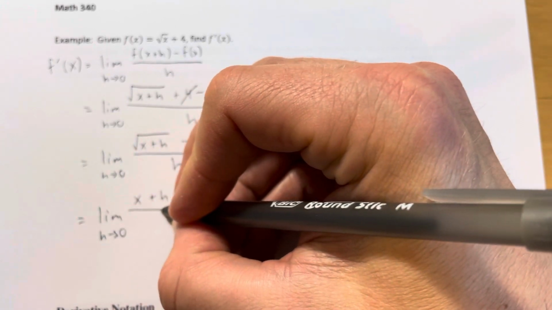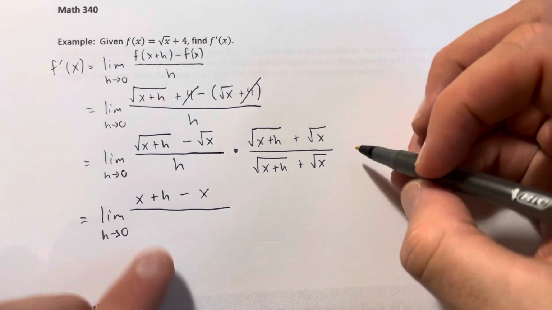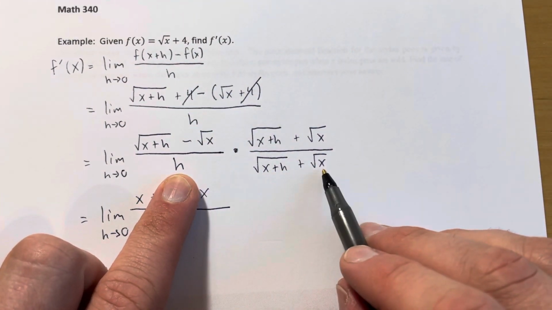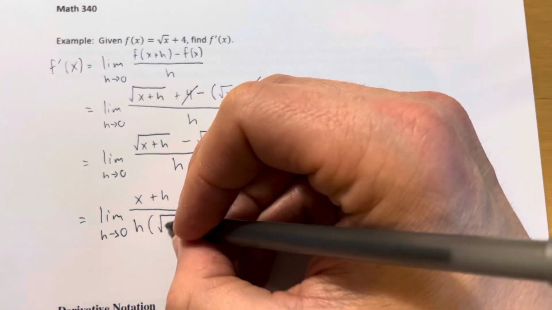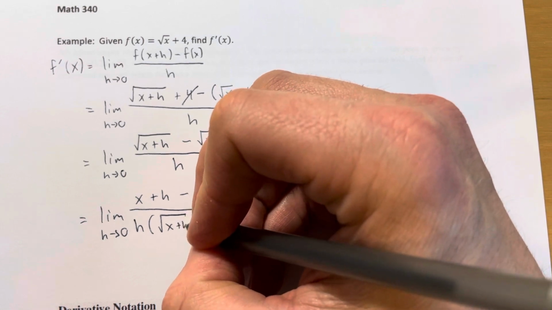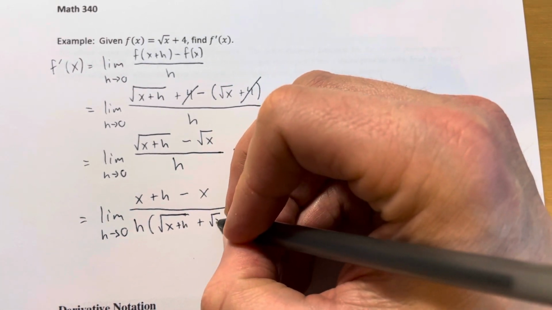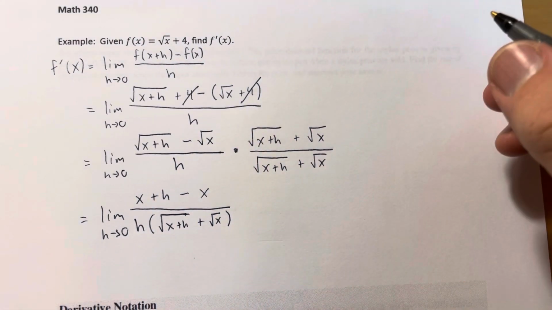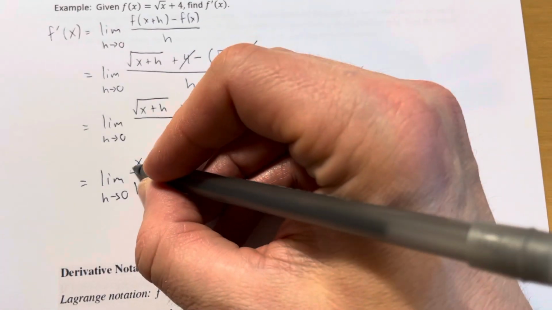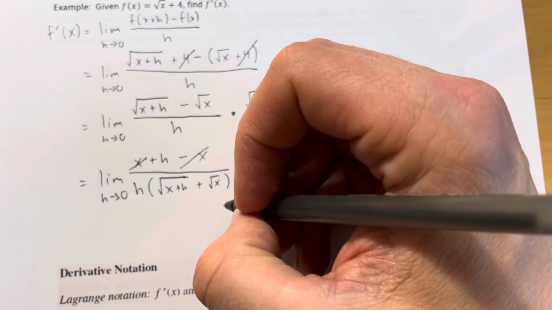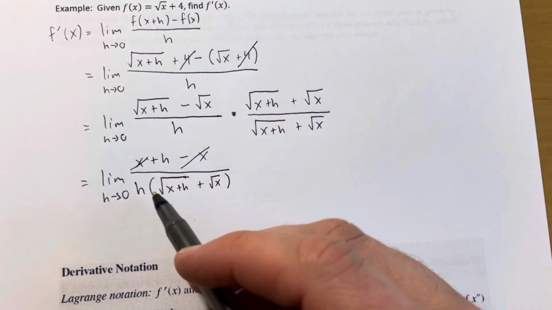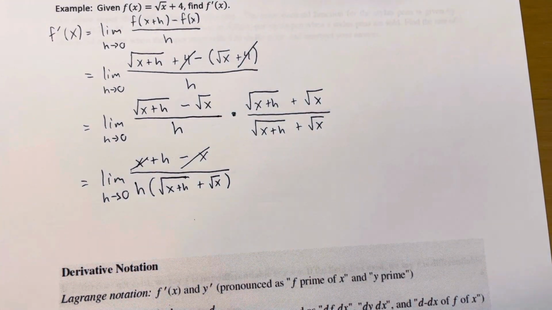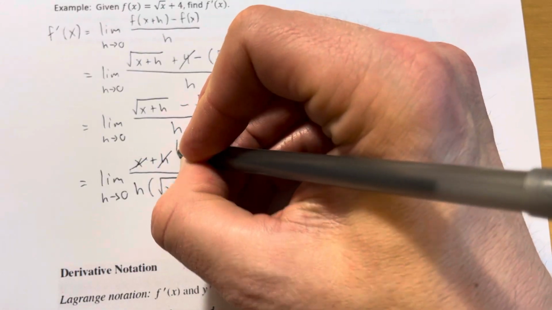That's now in my numerator. Down in my denominator, I have h times this expression, but I'm not actually going to multiply the h out. I want to leave it in this form. Square root of x plus h plus square root of x. Okay, the reason I wanted to do that is because these x's are going to cancel now. X and negative x, those cancel. And then because I just have an h here, it'll cancel with the h in the denominator. That'll divide out. So that becomes a 1.